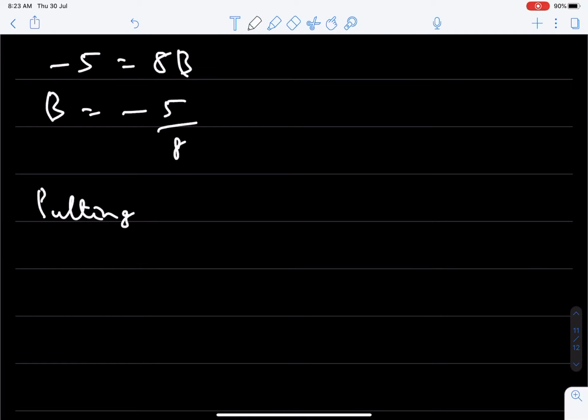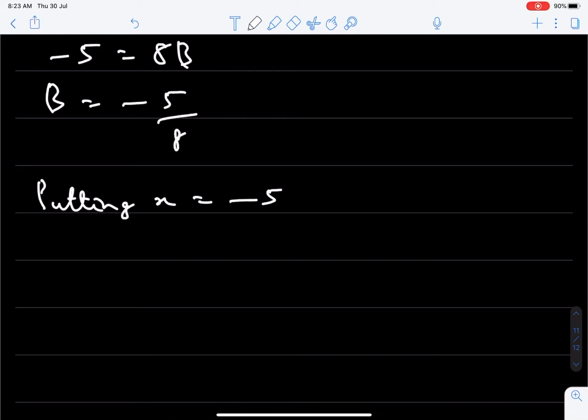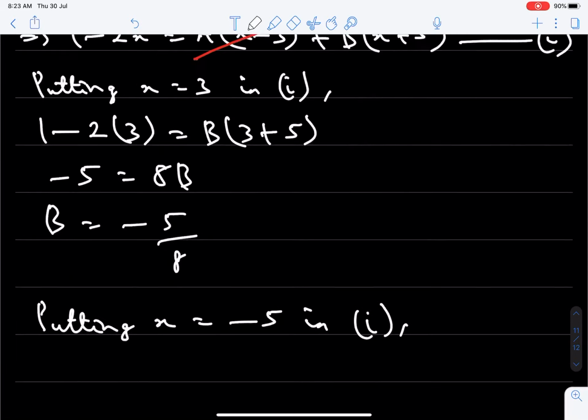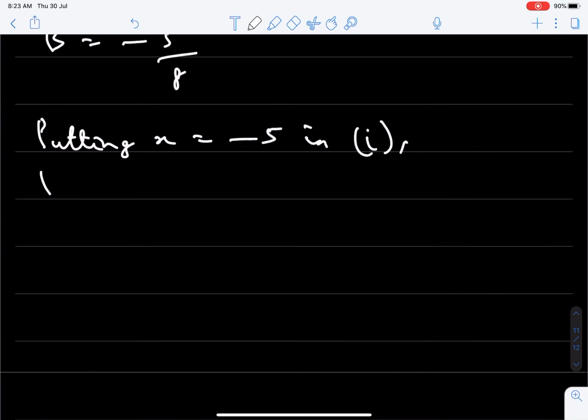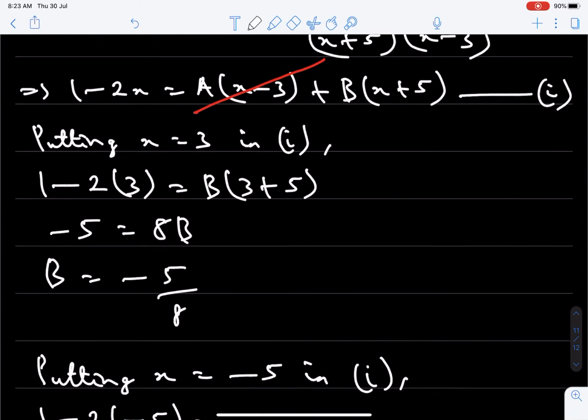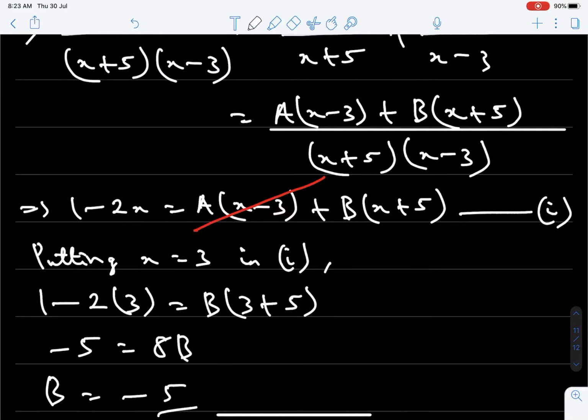Now in the same fashion, we are putting x equals minus 5. Put x equals minus 5 in 1 just to eliminate b and find a. That means 1 minus 2 times minus 5 equals a times minus 5 minus 3. b will be out when we do that.